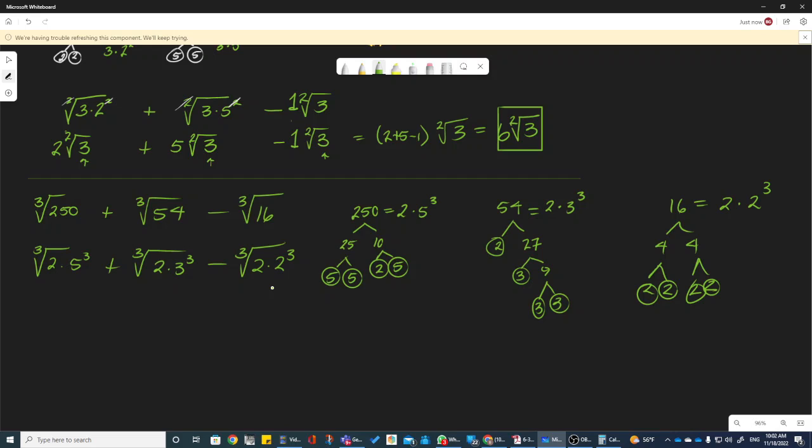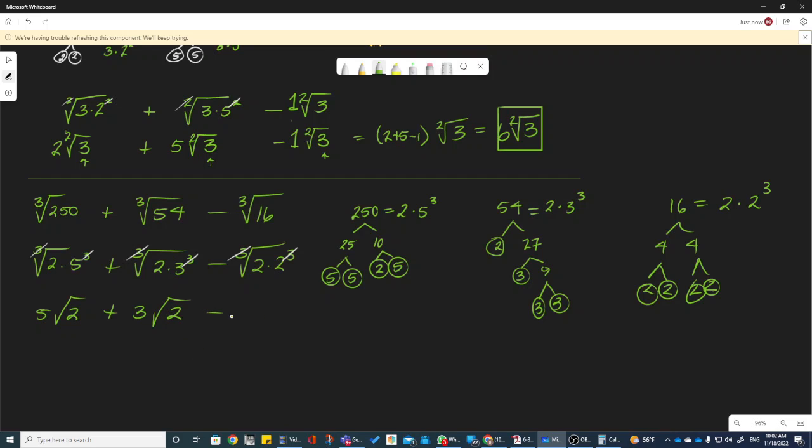Okay? And watch. This 2 has the right key. This 3 has the right key. And this 5 has the right key. So at the end, the 5 goes out and the 2 stays in. And then the 3 goes out and the 2 stays in.